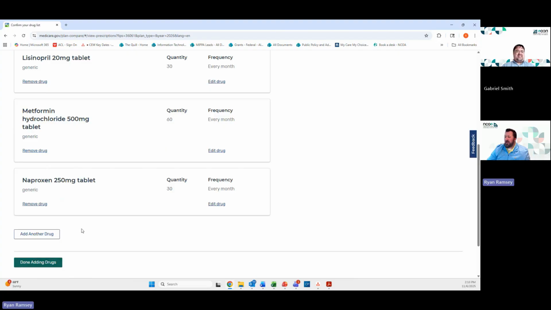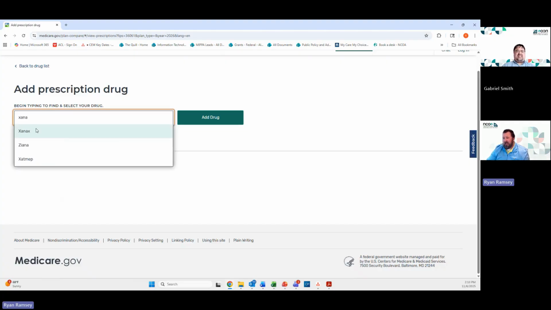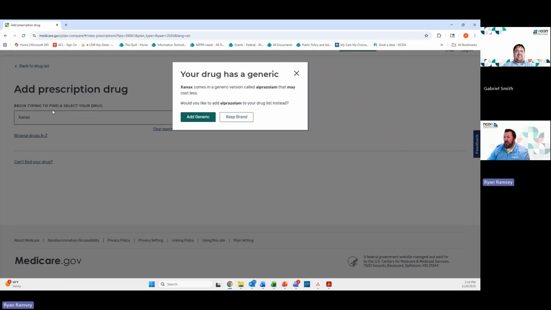But I want to give everybody just a really quick demonstration here. We entered in all generic medications here. But if I was to go in and select a brand name medication, Xanax, in this scenario, and click add, it would notify me that drug actually has a generic.